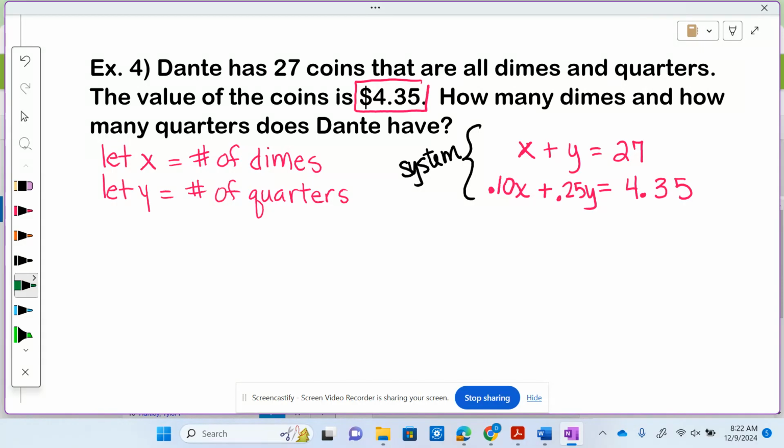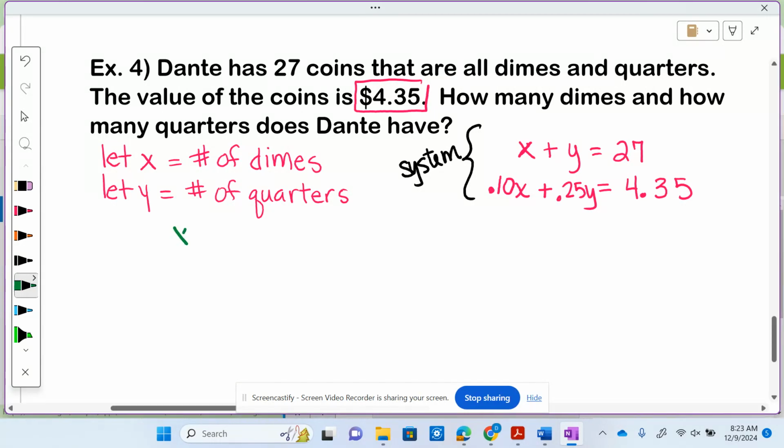Elimination and substitution. Substitution, we typically only use if we have one variable already isolated. Do we have one variable already isolated? Elimination we use when we've got both the x's and the y's on one side. Do we have that? Yeah, and that's what Daniel said, use elimination. Okay. So we're going to use elimination.